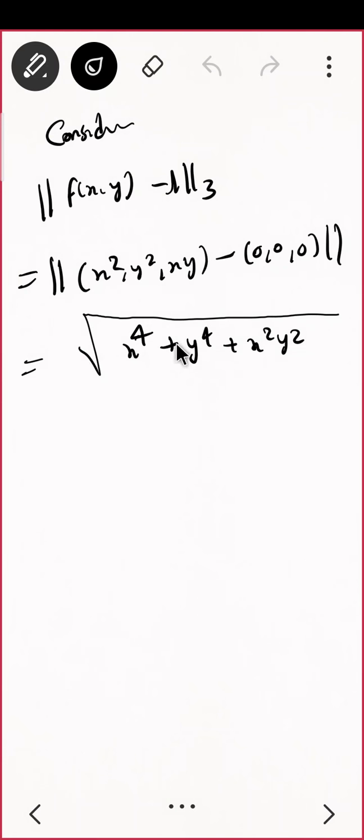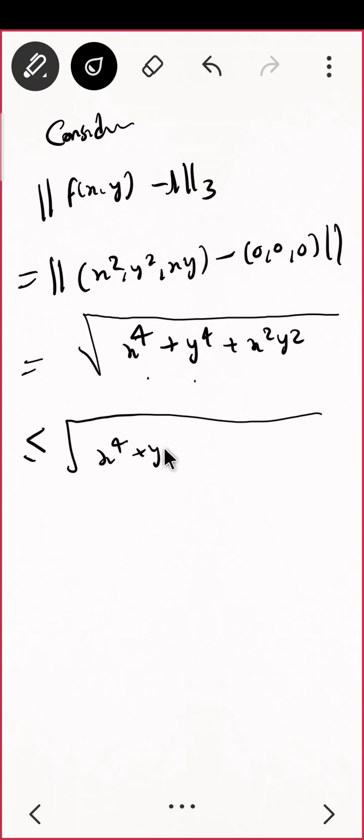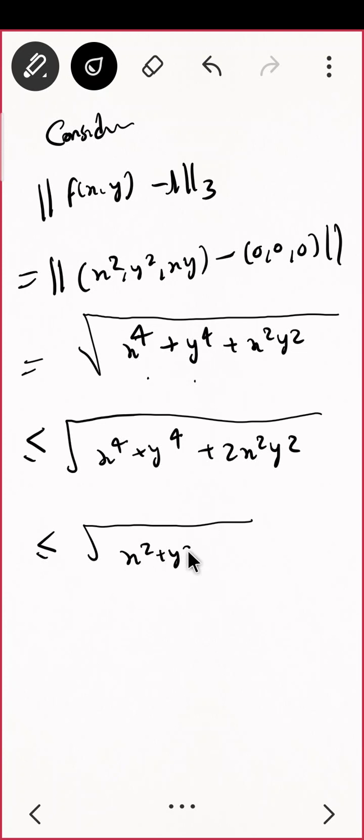Can you relate it? Yes, x raised to 4, y raised to 4, and here x square y square. So can I write it like this? This is less than or equal to x raised to 4 plus y raised to 4 plus 2x square y square. Do you see why I am doing this? This will be less than or equal to the square root of (x square plus y square) the whole square, which is just x square plus y square.